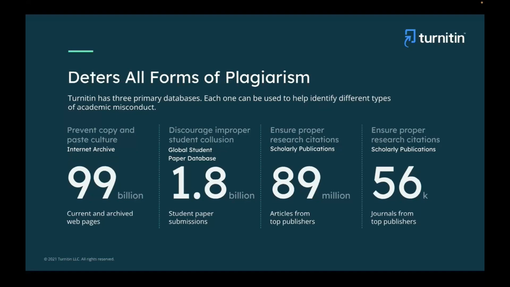Whenever you upload any document, there are databases that get checked. Turnitin has one of the largest databases available in the world. It covers all of the internet web pages, including current pages and archived web pages, which is historical data, and student submitted documents, in a global database of about 1.8 billion student papers.